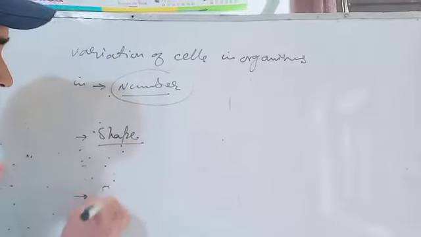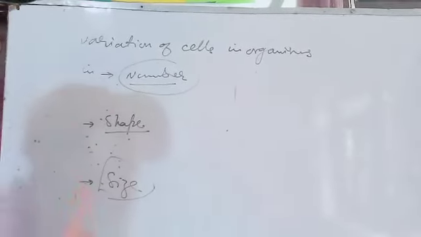And then the size of cells varies. That means the cells vary in number, shape and size in different living organisms.